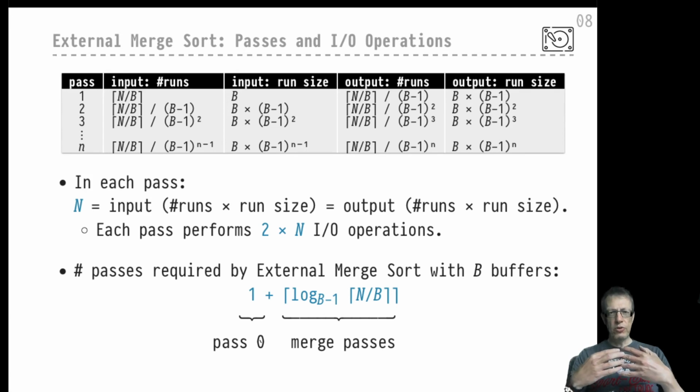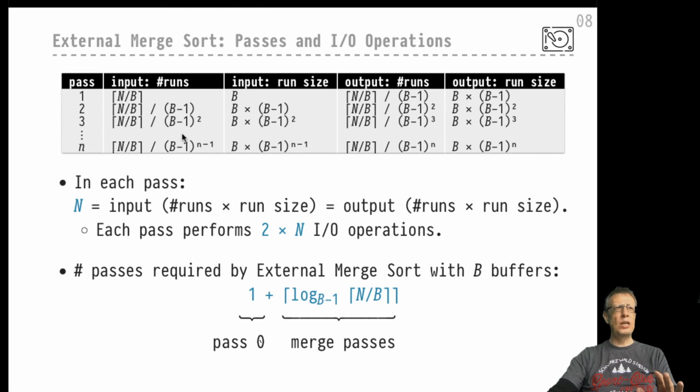The entire heap file of n pages is split and represented inside these input runs. So n divided by b times b, indeed this is n, or n divided by (b minus 1) squared times (b minus 1) squared, this indeed again is n. So in each of these passes the input has the size n, and likewise the output has size n. That is what is to be expected.